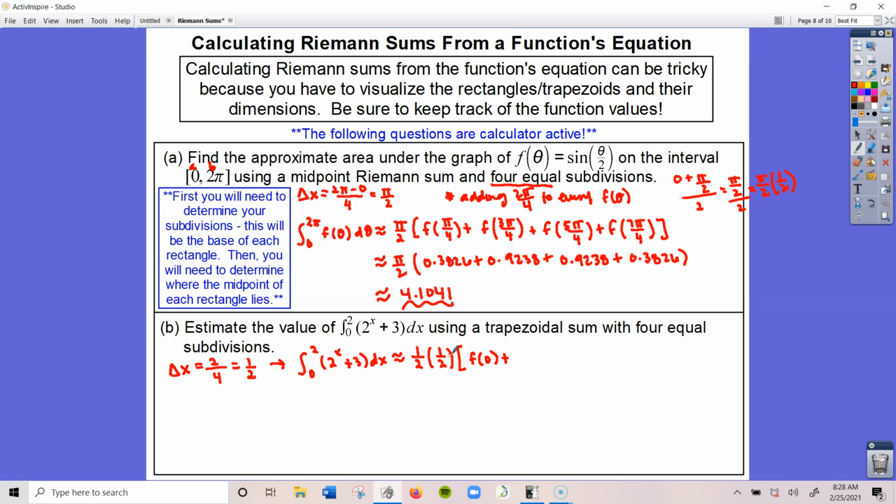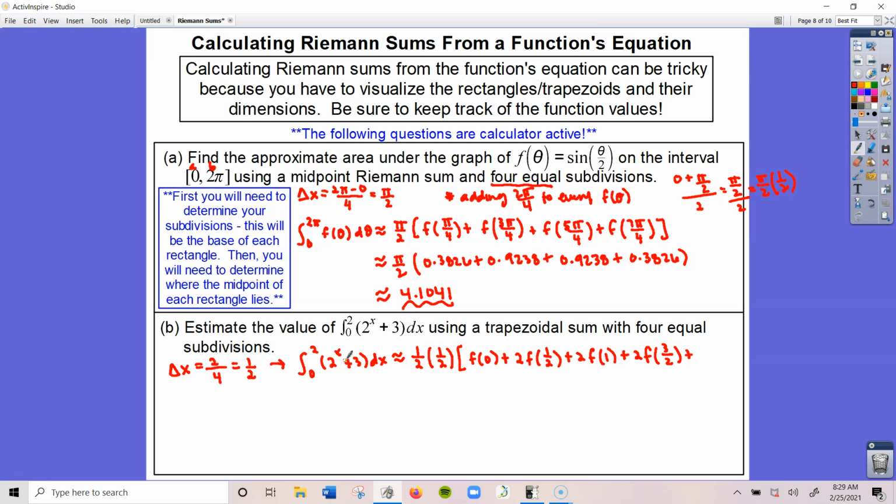So our equal subdivisions is 1/2, so that means that the bases are every 1/2 unit. So my next base would be 2 f of 1/2, and then I keep adding 1/2 to those x values. So plus 2 f of 1 plus 2 f of 3 over 2, or 1.5, whatever you prefer to write.